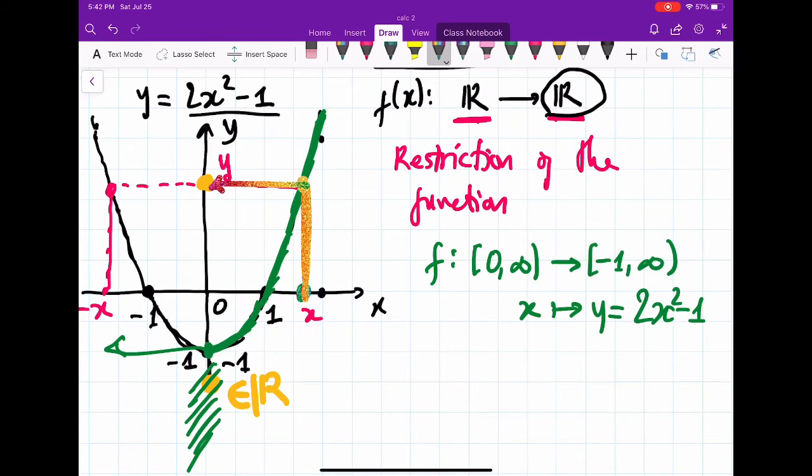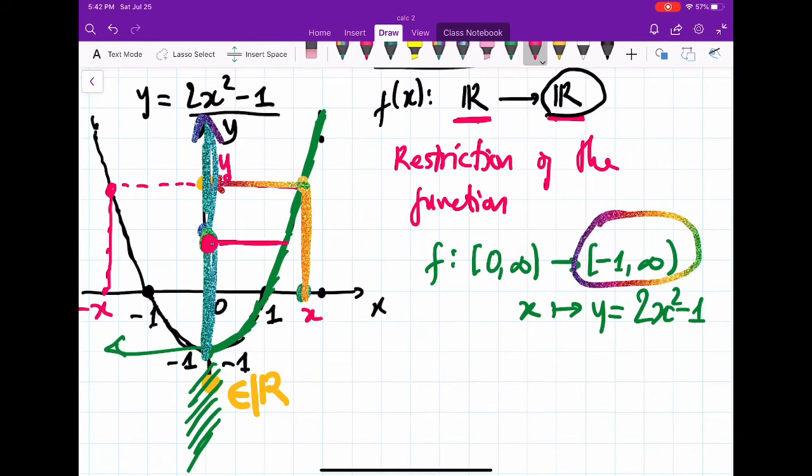And if I pick any y on this interval, on -1 to infinity, for each y here I have only one x. So I know how to go back to the x. Does that make sense? In that situation, I'm good, and my function is invertible.